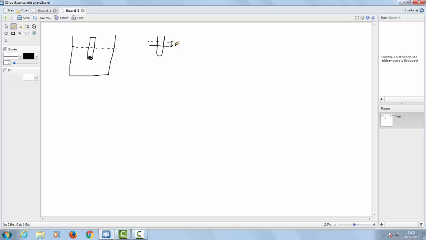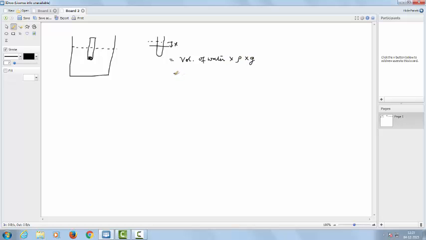So we can find the force of buoyancy on the test tube. Force of buoyancy will be equal to the weight of water that it has displaced. So this is equal to volume of water multiplied by density of water multiplied by the acceleration due to gravity g.